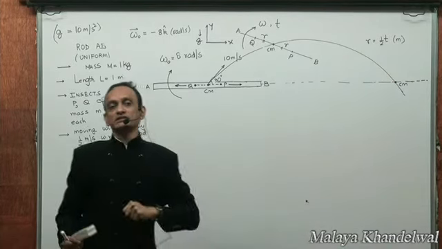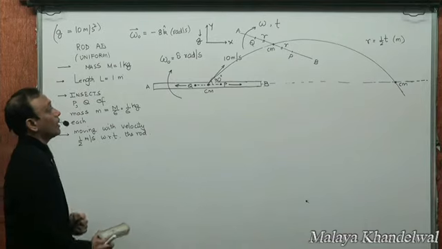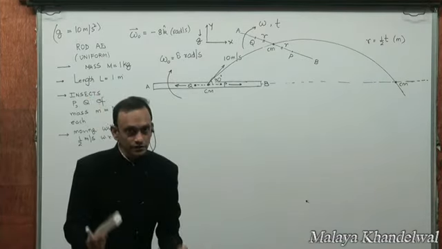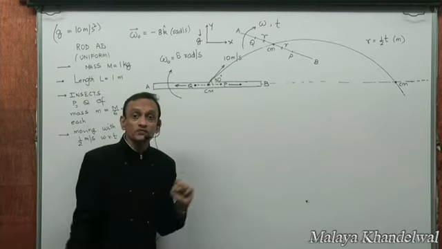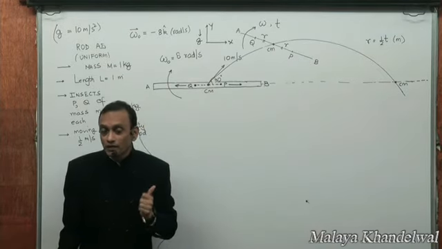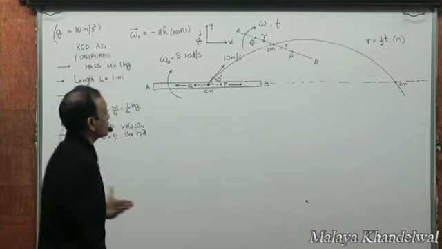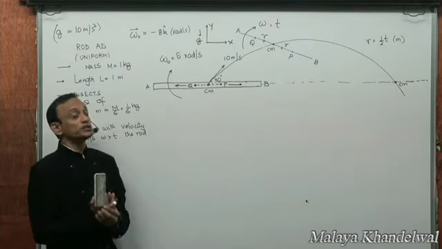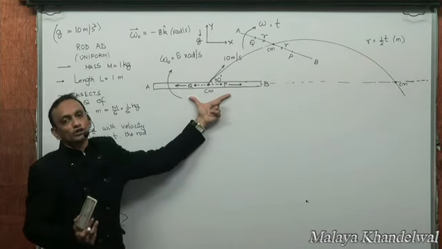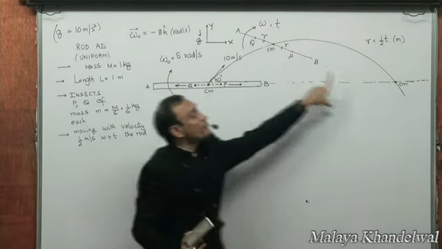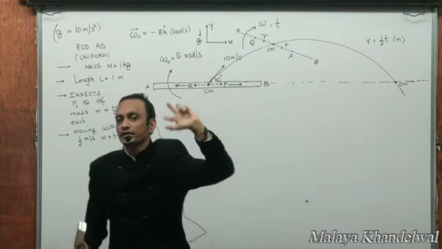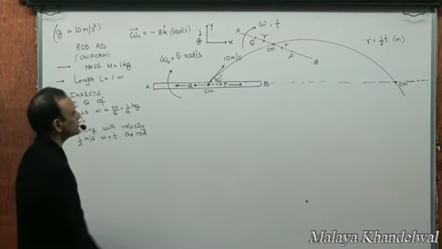And when that happens, we want to be able to find the angular velocity of the rod at that instant of time, one. And we also want to find the angle rotated by the rod by the time the center of mass acquires the same horizontal level. The angle rotated by the rod in such a time. All right.